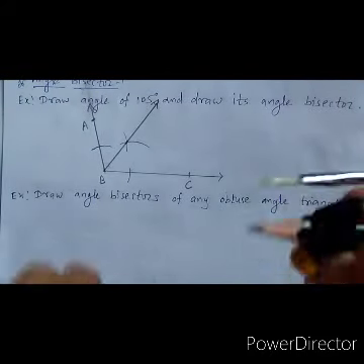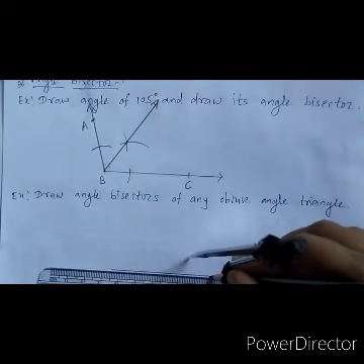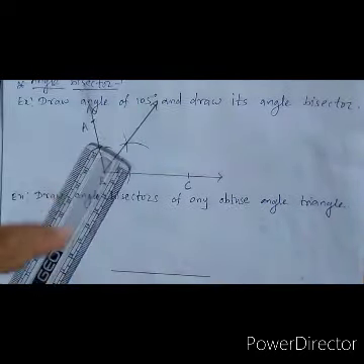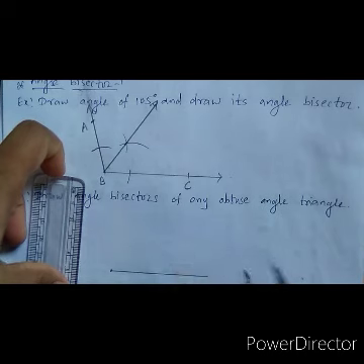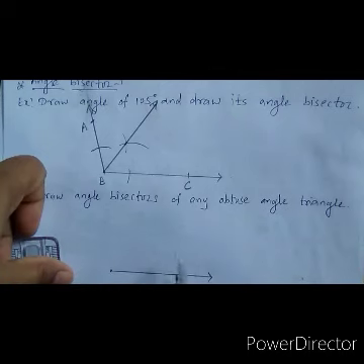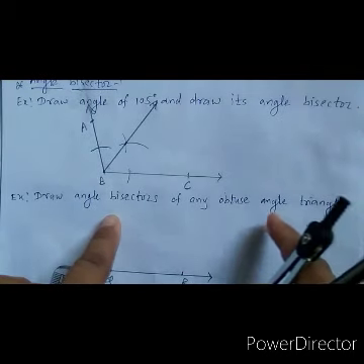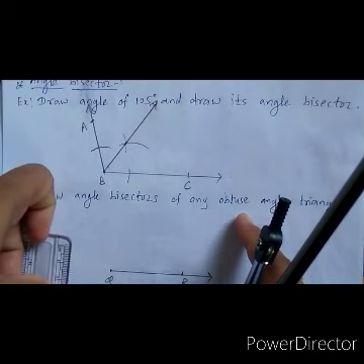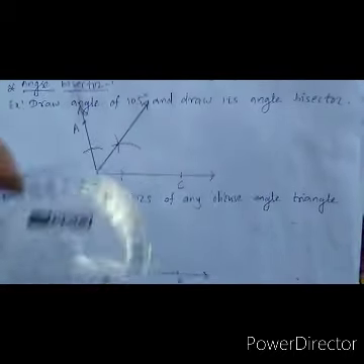So for this we have to draw a line, now we have to make it a ray, so we can give the name QR. Now next we have to take an obtuse angle. We can take 100 degree, which is greater than 90 degree.